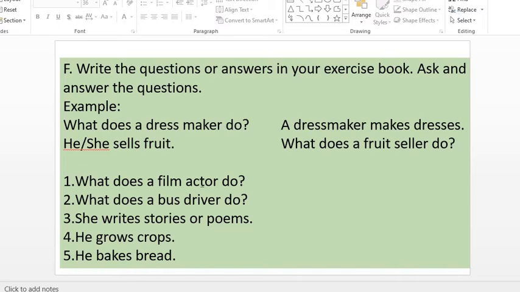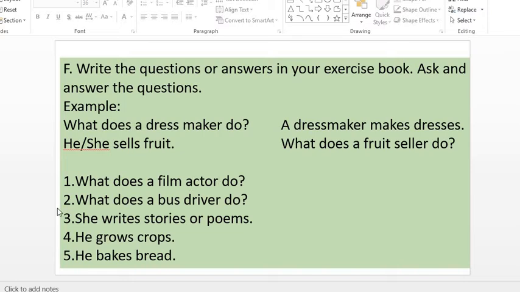The person who acts is an actor. We can add OR with the verb act, and we can turn this verb into a noun, actor.